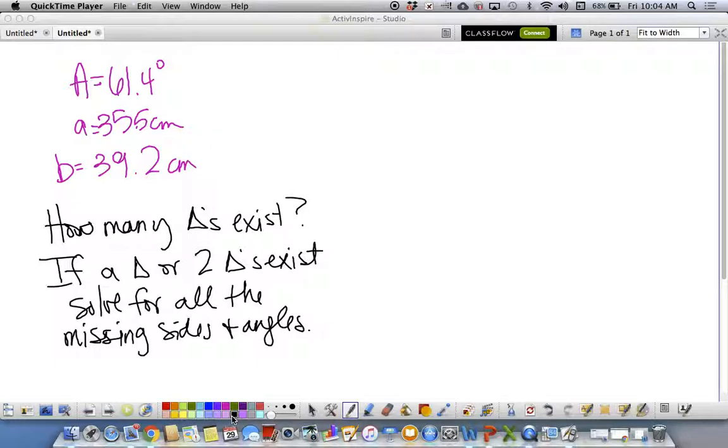So you're going to start every single one the exact same way. Which is going to be how? Solve for big B. How are we going to solve for big B?